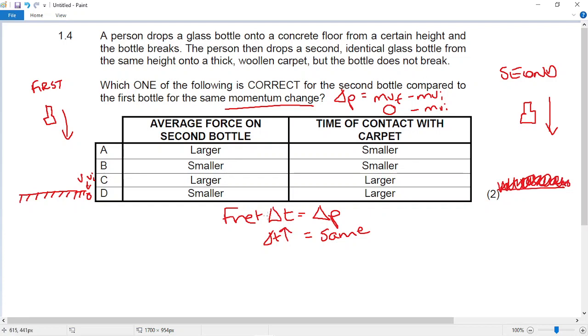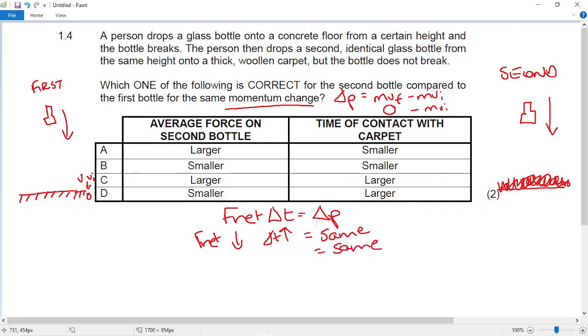Because why? The carpet slows it down with the hair. It's just like an airbag in a collision in a car. You don't change your final velocity. You come to rest. You don't change your velocity just before the crash. So the change in momentum remains the same, but it takes longer, which means that if the time is longer, the force is smaller for the same change in momentum.